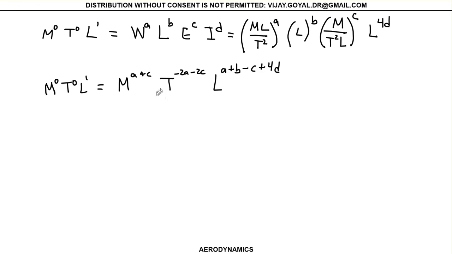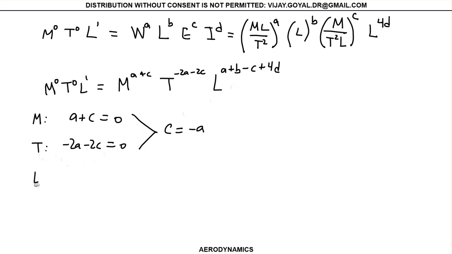Okay, so now we start comparing both sides. A plus C is equal to 0. This comes from M. For time, we get minus 2A minus 2C is equal to 0. From these two equations, we basically get the same answer. So C is equal to minus A. The last one from L, we find this is A minus C plus B plus 4D is equal to 0. And we can solve for any variable.